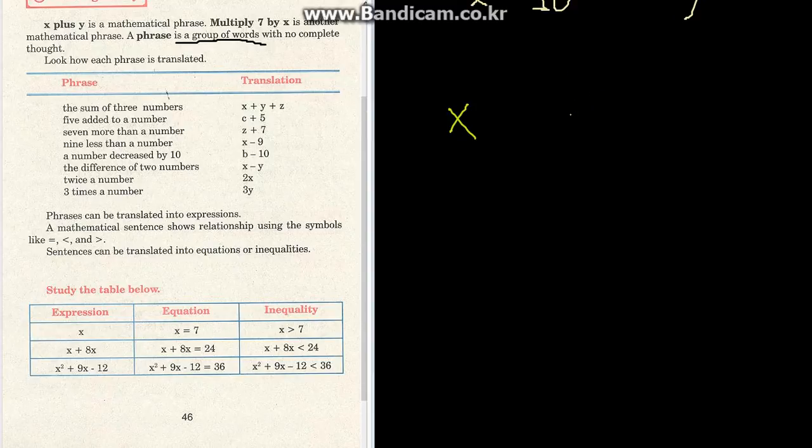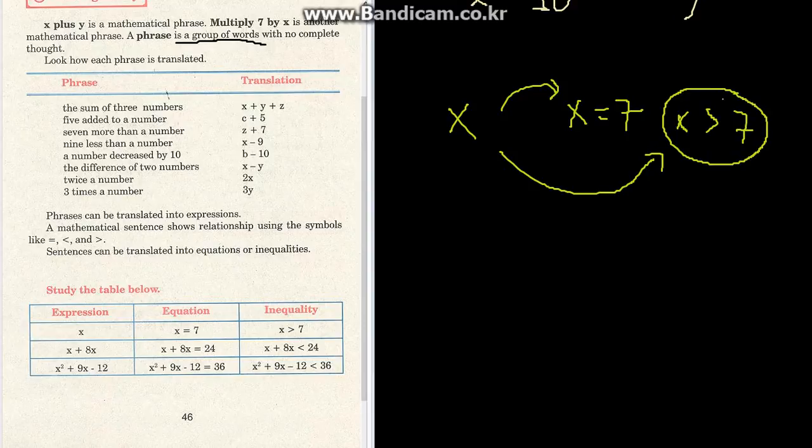For example, x is equal to 7, or it can be translated into an inequality: x is greater than 7. So this one right here is an inequality, and this one right here is an equation. Those are the two different things that you have to know.